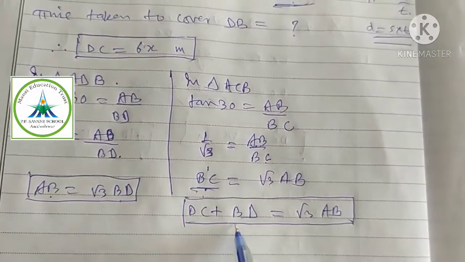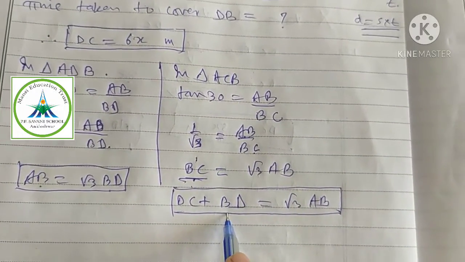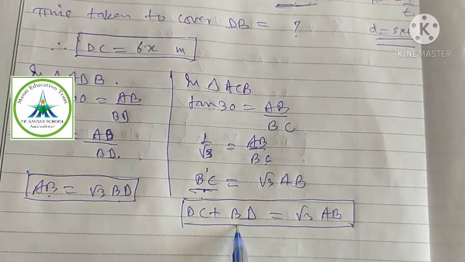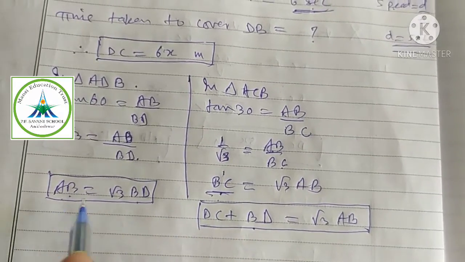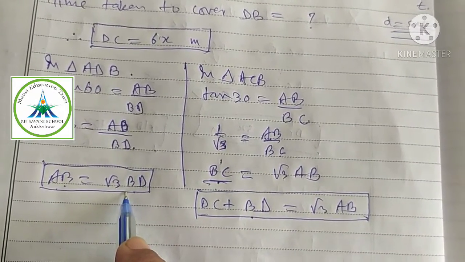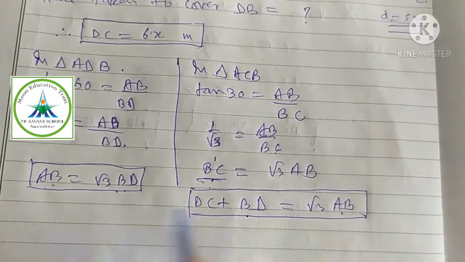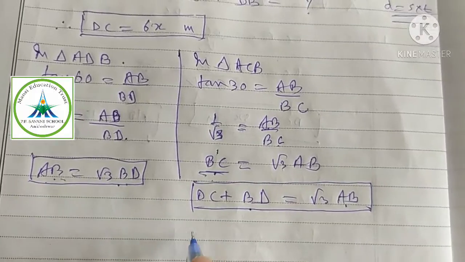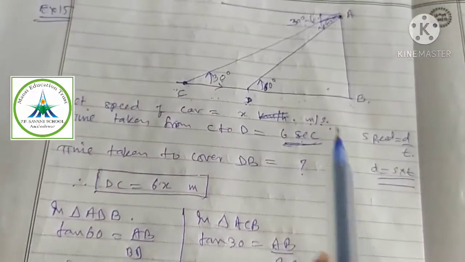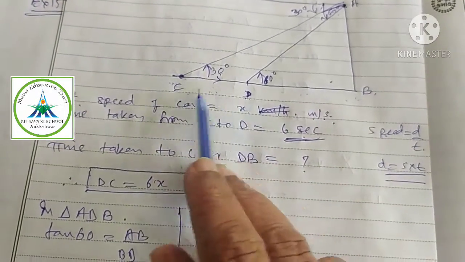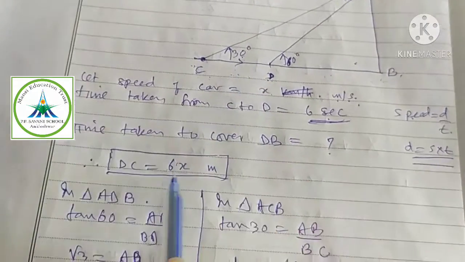Now we are simply putting the values. Clear? Okay. And we know now, see, AB equals what? Root 3 BD. Yes or no? So in place of AB, we can write the value of AB from here. So we got it now. DC also, look at the diagram. DC is what? 6x. DC is 6x.